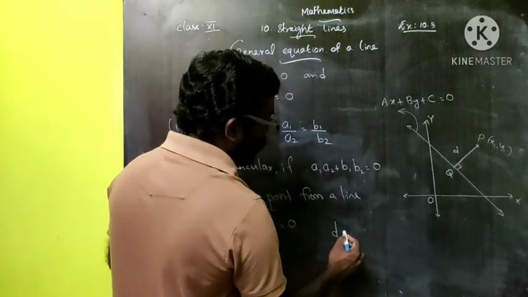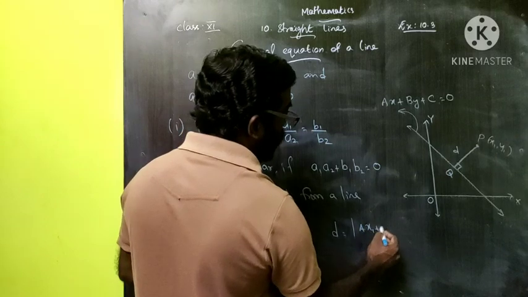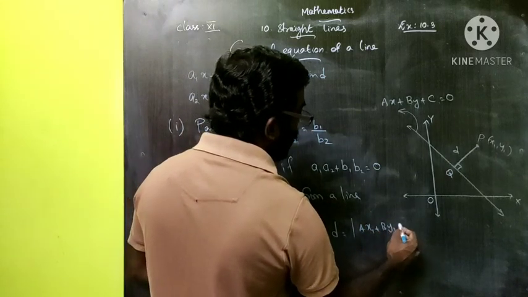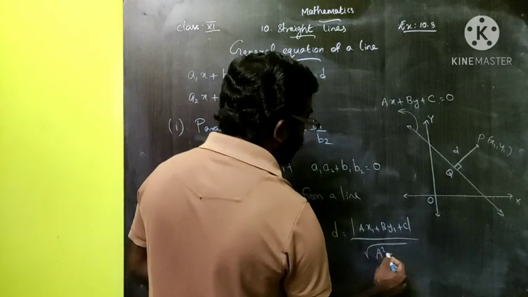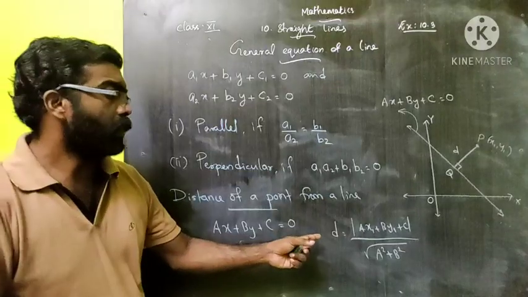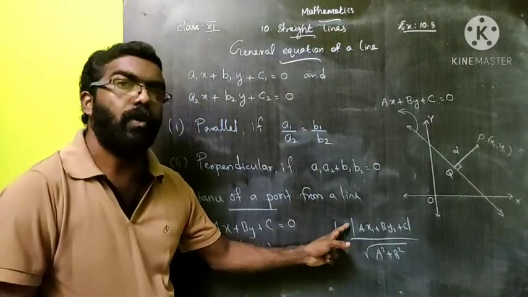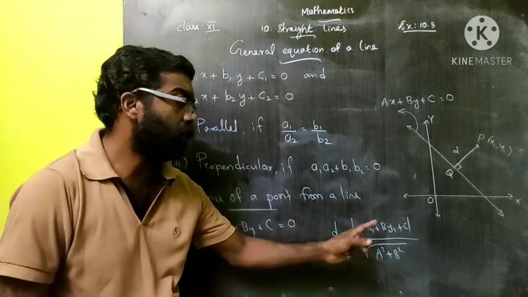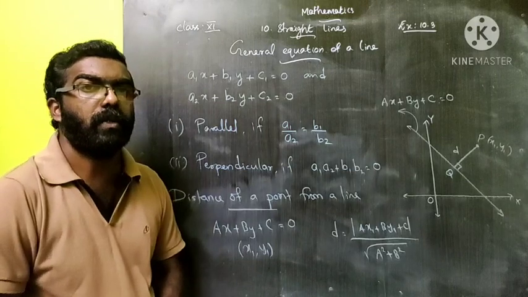The perpendicular distance d is equal to modulus of ax1 plus by1 plus c divided by root of a square plus b square. The distance of a point from a line is given by d is equal to modulus of ax1 plus by1 plus c divided by root of a square plus b square. Okay.